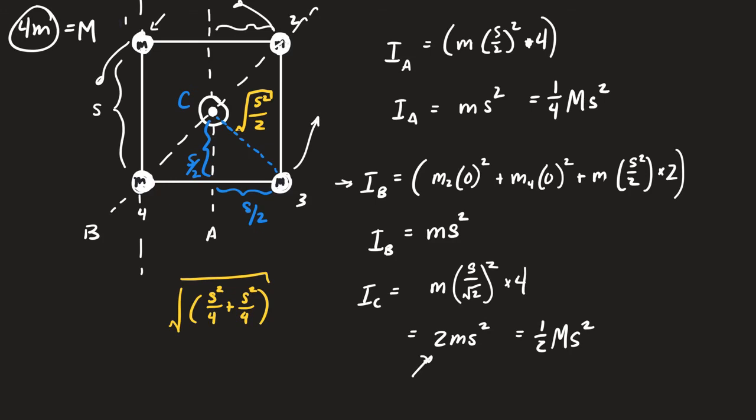Especially if the object's moving and rotating at the same time. You'll need the mass of the system. Its momentum, its kinetic energy, it's all based on the mass of the system. All right.